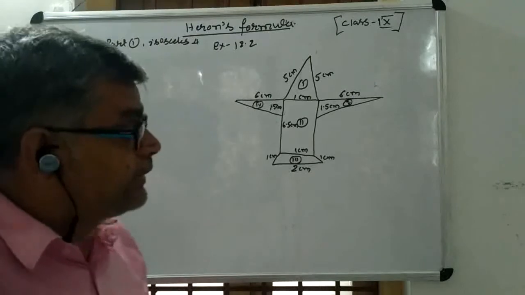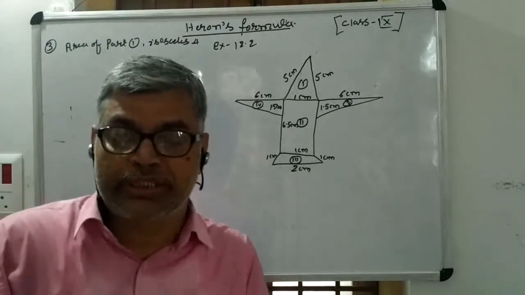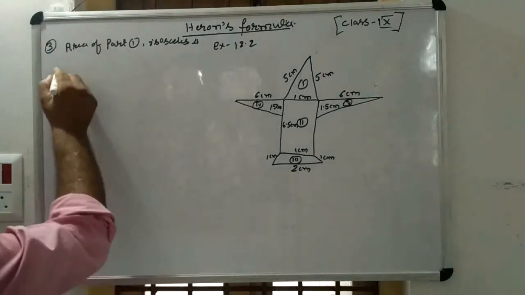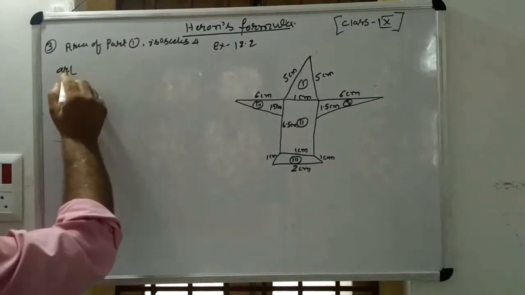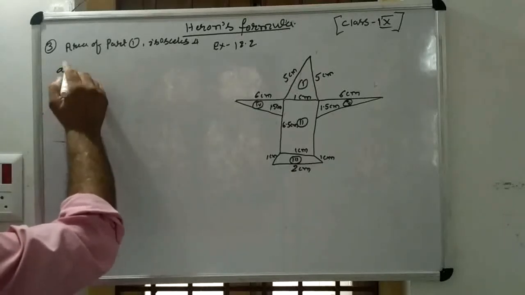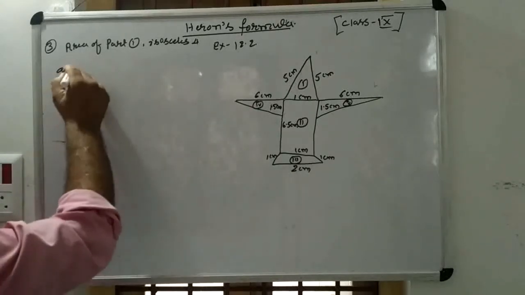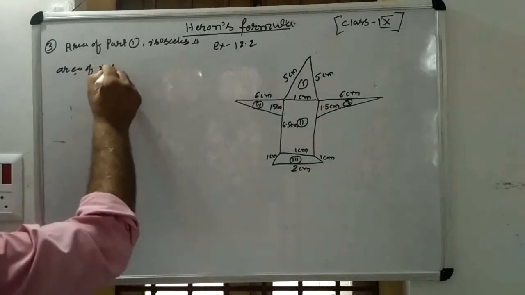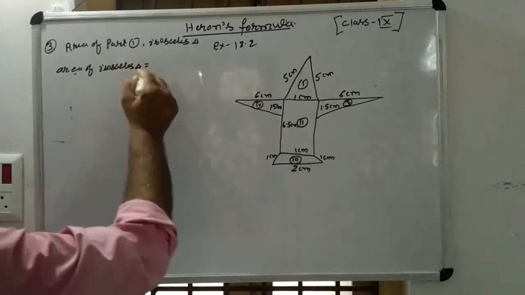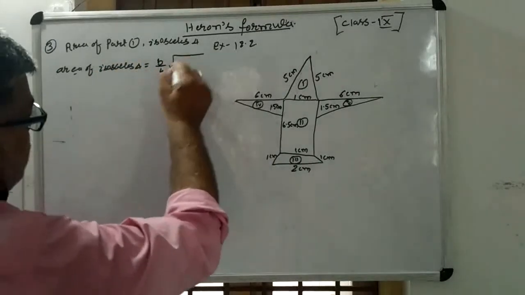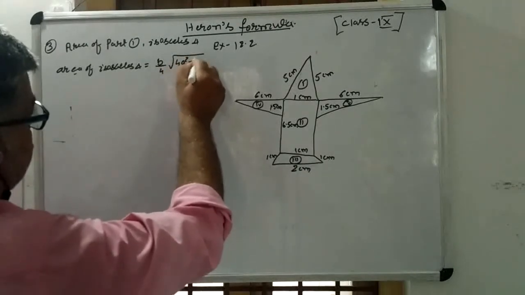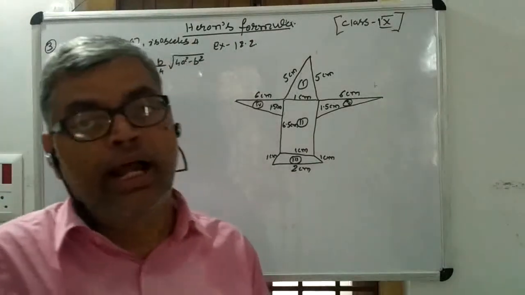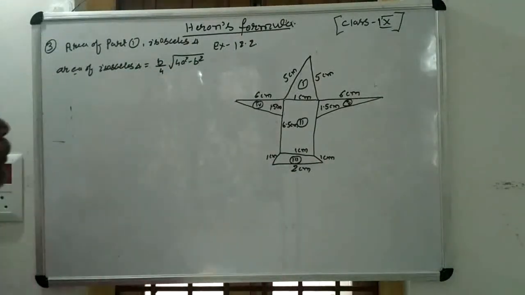To avoid this, you can use the area of an isosceles triangle directly. Area of part 1 equals the area of an isosceles triangle, which is b by 4 under root 4a square minus b square, where a is the equal side and b is the base of the isosceles triangle.